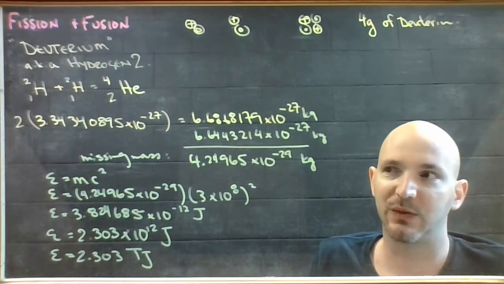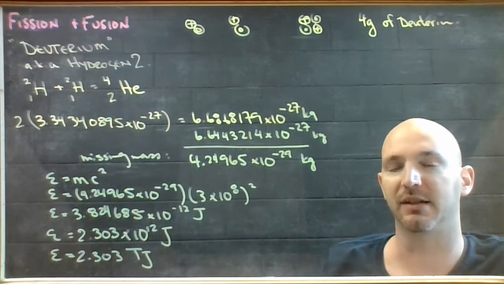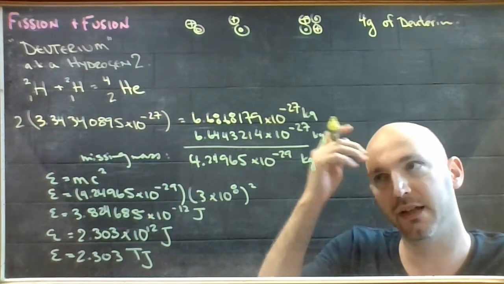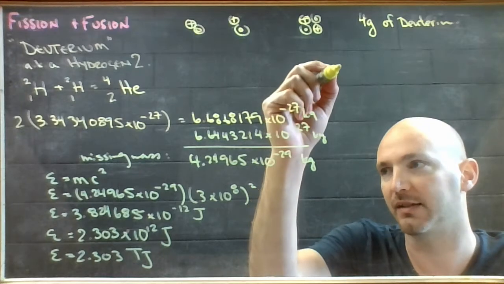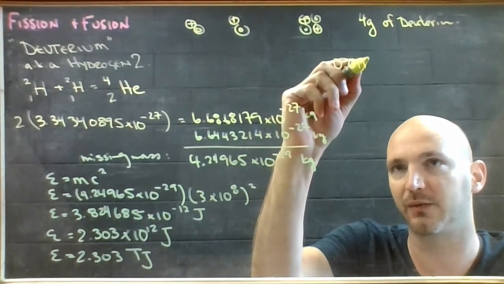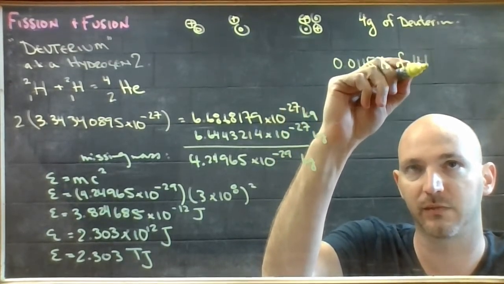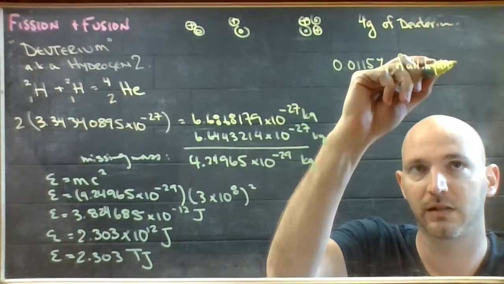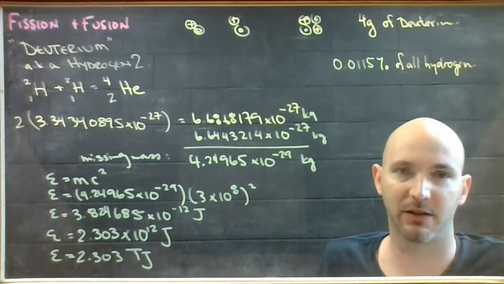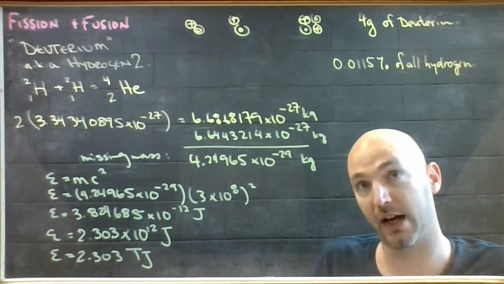If you add in the fact that deuterium, this exotic hydrogen, is, I looked this up, 0.0115% of all hydrogen. So that is not a lot, right? 1/100th of a percentage of all hydrogen.